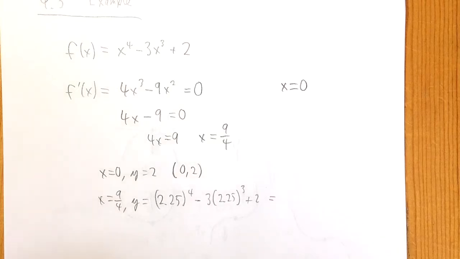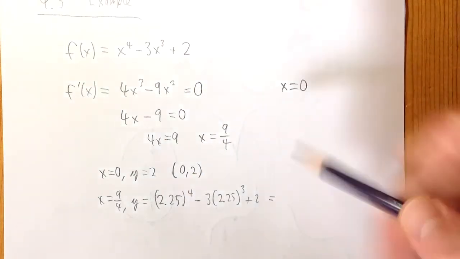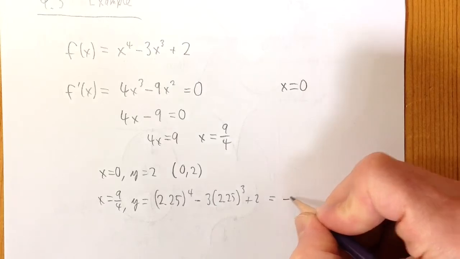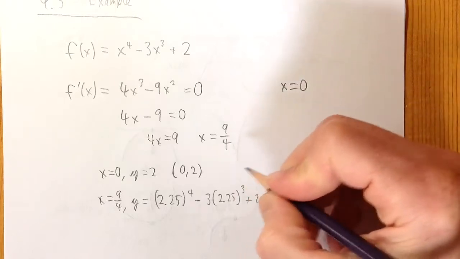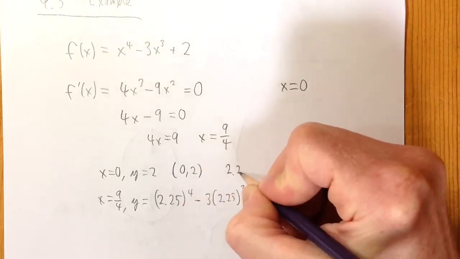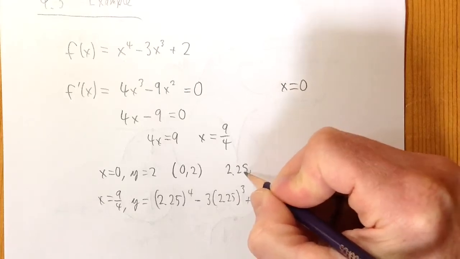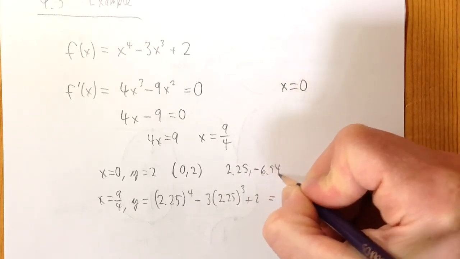Let me do that one first. 2.25, a lot of calculator work here, to the 3rd times negative 3, plus 2.25 to the 4th, plus 2. I get negative 6.54. Pretty ugly number, goes on forever. So our other point is (9/4, or 2.25, and then it's not pretty, negative 6.54).